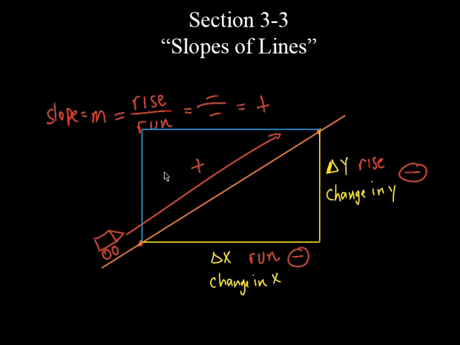If you look at it, it's the same thing. This is now a positive rise, and this is a positive run. Positive over positive is positive. So either way you get to it, you still get the same rise over run. You still have that blue line and this yellow line the same length. If I go rise over run, I'm going to get the exact same slope.